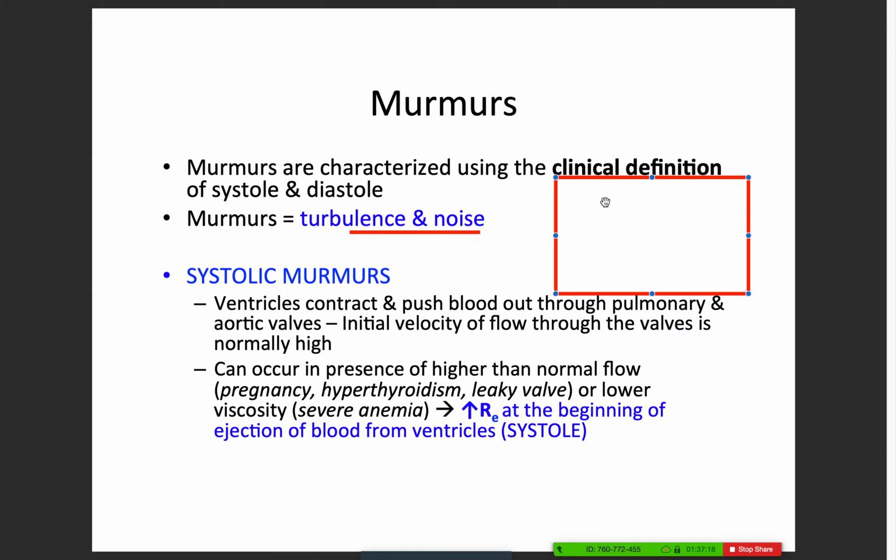My advice in terms of attacking a question like that, the first thing, the big picture, is it systolic or is it diastolic? Because at the end of the day, you can always go to your answer choices. If three of your answer choices are all diastolic murmurs, and the last one is a systolic murmur, and you listen and it's a systolic murmur, click it and go to the next question.